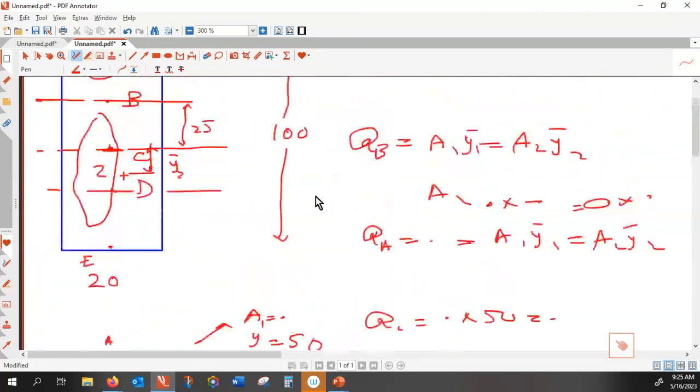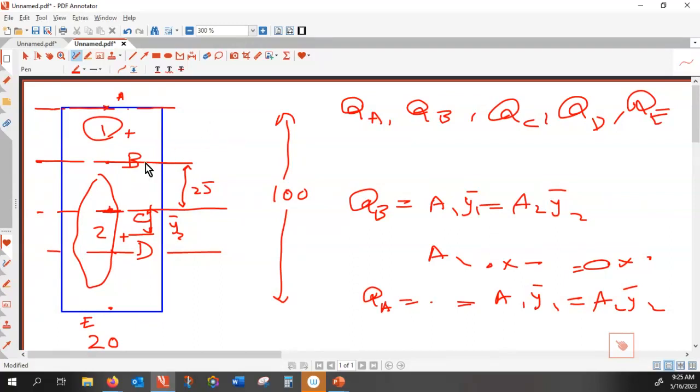All right, let's go back to the same problem. Now, can I get everyone trying to calculate Q of B numerically? Can you calculate Q of B numerically?